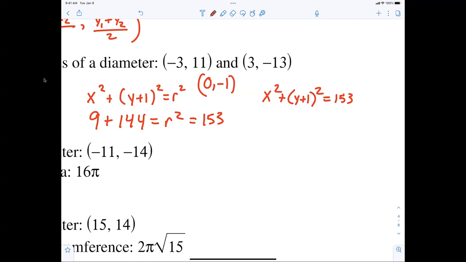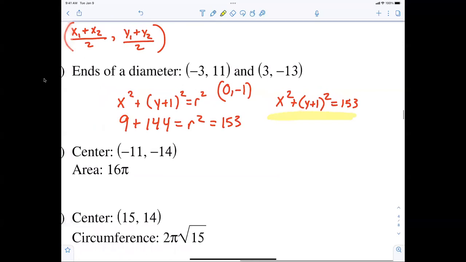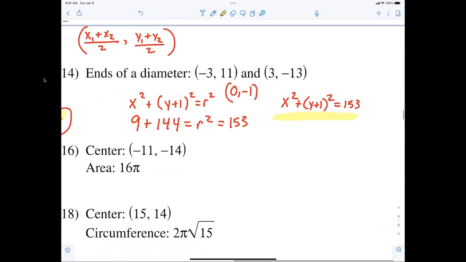All right. So now I'm asking everyone, how are we doing as far as writing the equations? It's really not hard. Where did those numbers 9 and 144 come from? Are you having trouble with 3 squared?